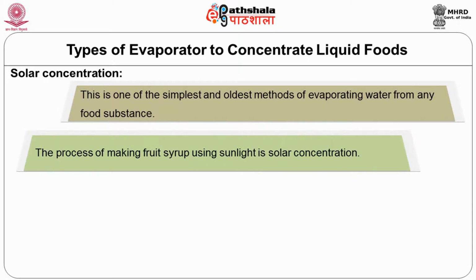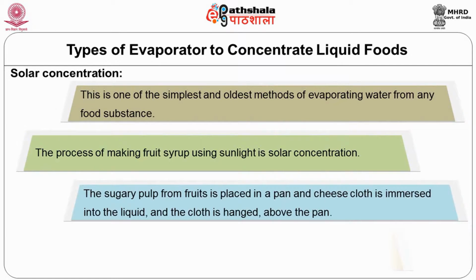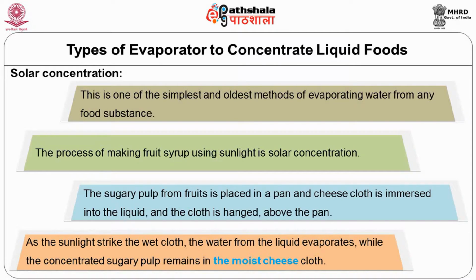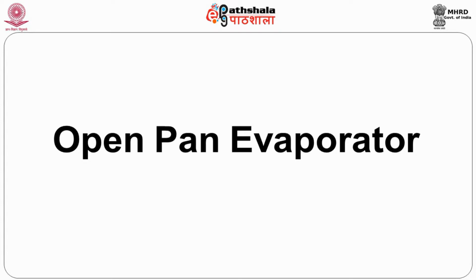The syrupy pulp from fruits is placed in a pan and cheesecloth is immersed into the liquid, and the cloth is hung above the pan. As the sunlight strikes the wet cloth, the water from the liquid evaporates while the concentrated syrupy pulp remains in the moist cheesecloth.